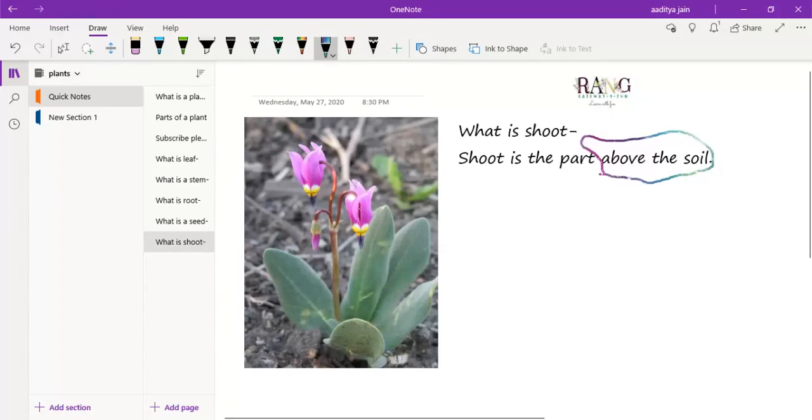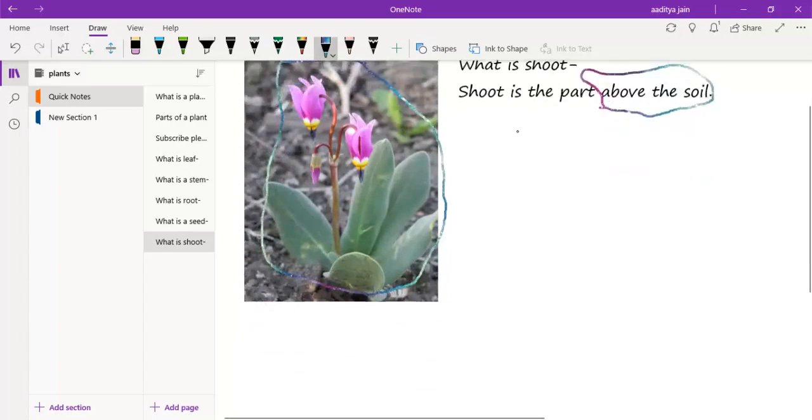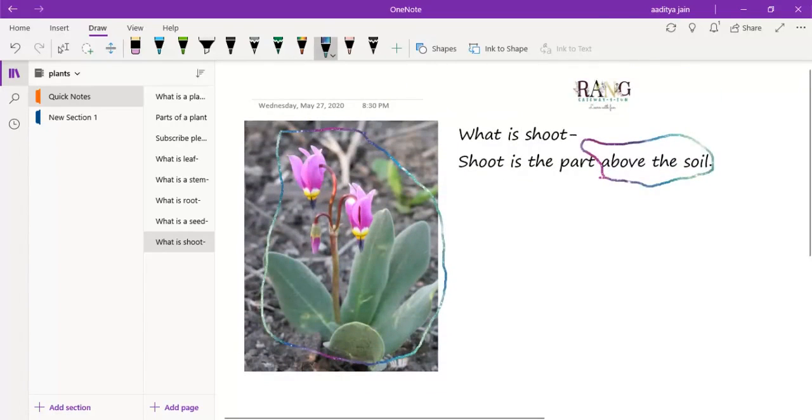It consists of the flowers, the seeds, the stem, the leaves and the fruits, everything except the root. So kids, what did we understand by a shoot? It is the part of the plant above the soil. Okay?